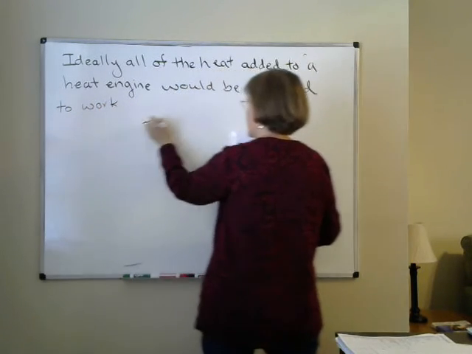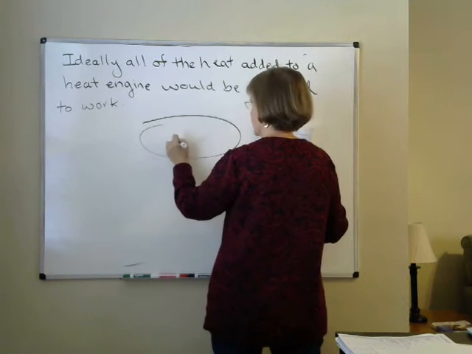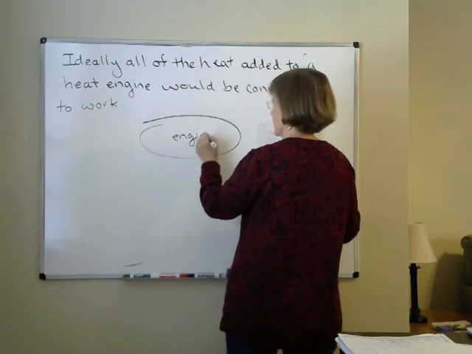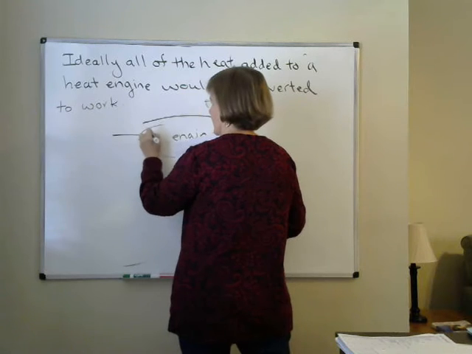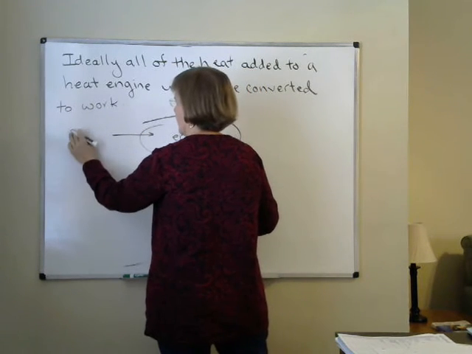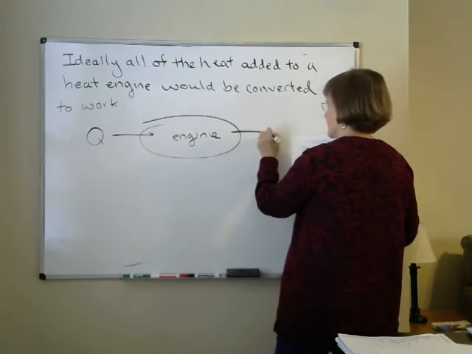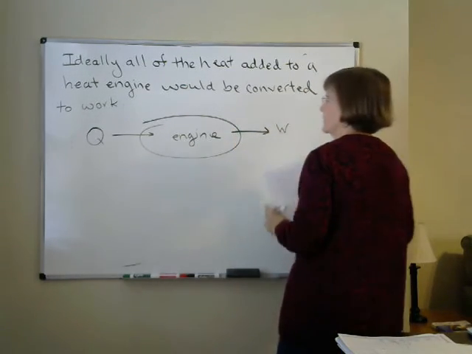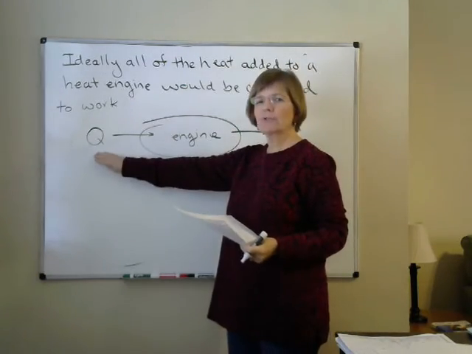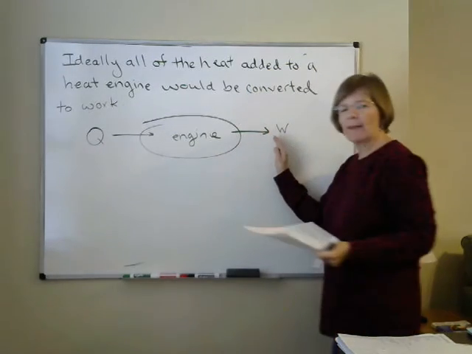So ideally, if this is a heat engine, this is what I want to happen. I want the heat in to equal the work out. If I put in 1,000 joules of energy, I want to get out 1,000 joules of work.